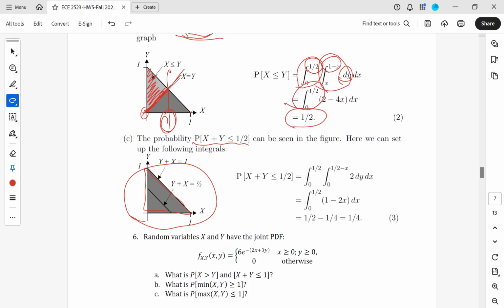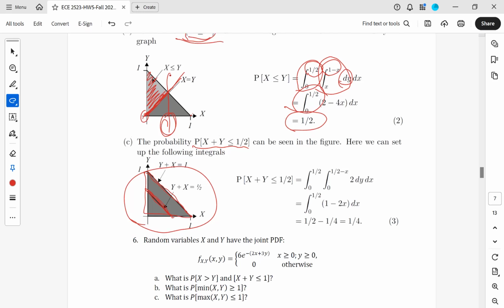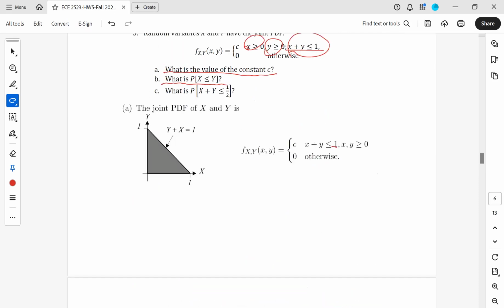And this one is the margin for the condition that the event applies to our problem. So we had x plus y equal to 1 as the condition here. That limited our range and limited the values that x and y could get.